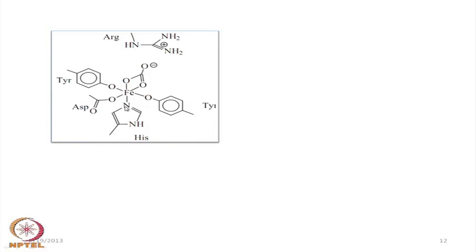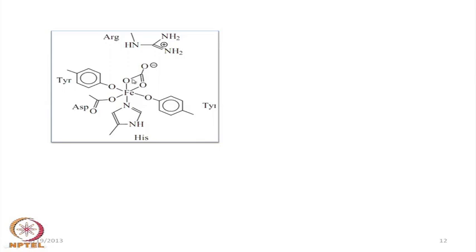So, the biogenic ligand of apotransferrin has O3N character. These O3N donor atoms can be utilized for iron binding, but they satisfy only 4 coordination sites. So, we need the binding of carbonate.